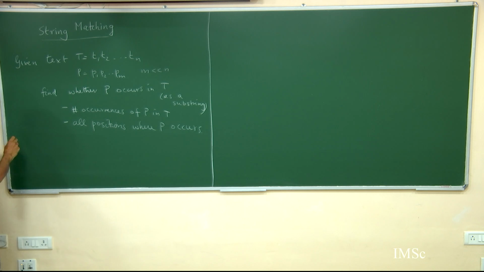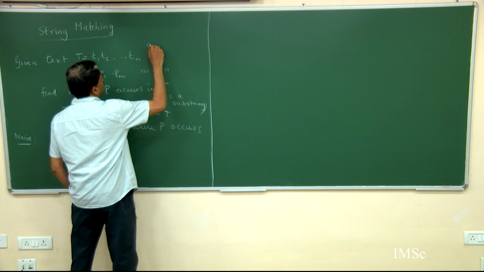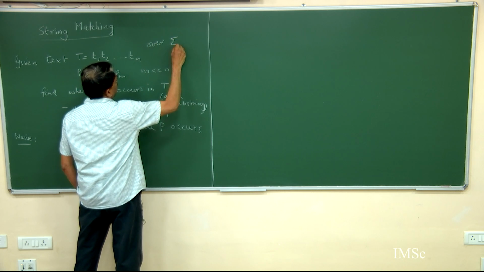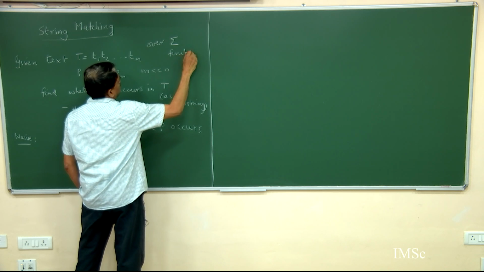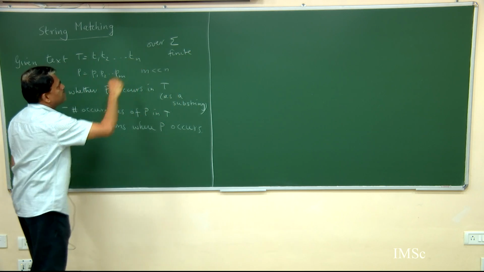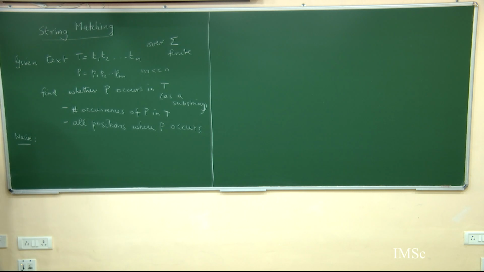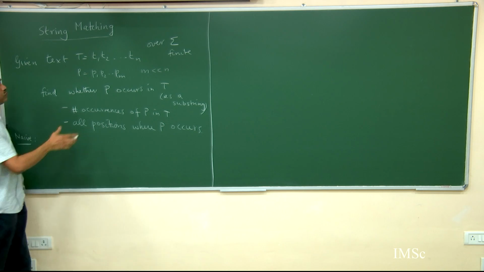So, the naive algorithm would be, so you have all of this over some finite alphabet. So, these characters are coming from this small alphabet. So, a naive algorithm would be to slide this window.